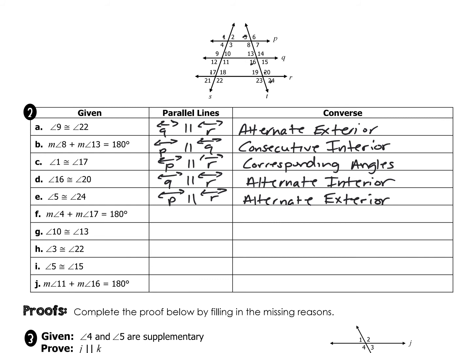Okay, the measure of angle 4 plus the measure of angle 17 is equal to 180. Those are consecutive interior angles on transversal S, and that proves that line P is parallel to line R. Consecutive interior.